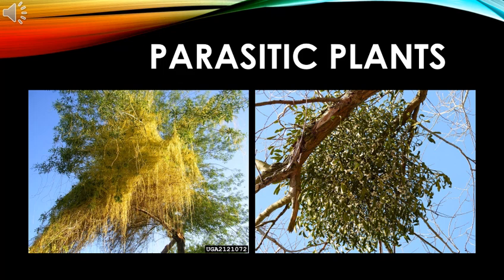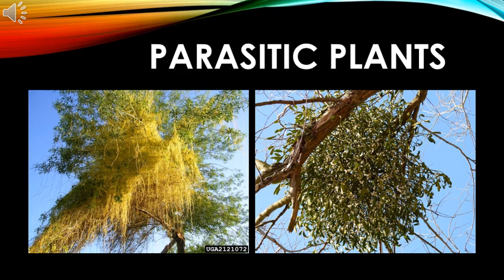Now let's have some examples of common parasitic plants. One of them is Cuscuta, which is dodder or amarbel. You might have heard this name. Then second is mistletoe. Cuscuta has yellow long wiry substance that twines around the host plant. It has no chlorophyll and carries out no photosynthesis but absorbs food from the host it climbs on.